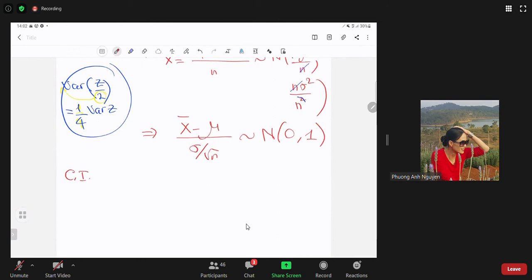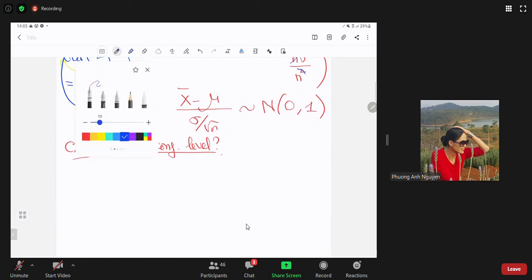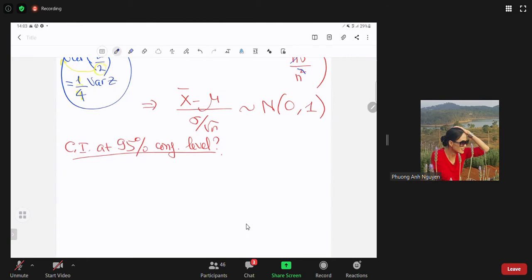I just wonder what the confidence interval is, for example at 95% confidence level. I'd like to get the confidence interval at the 95% confidence level. So how to get this? I use the fact that the statistic follows the normal distribution.